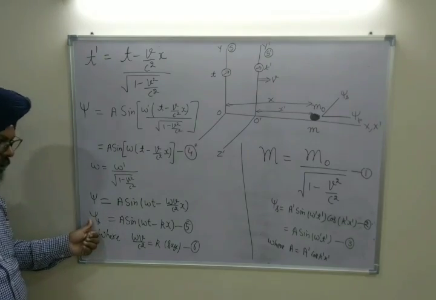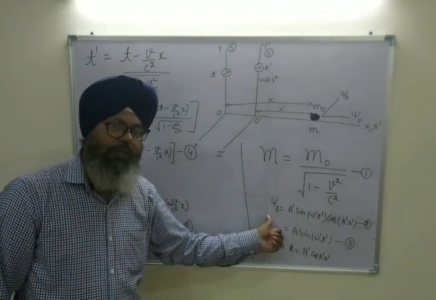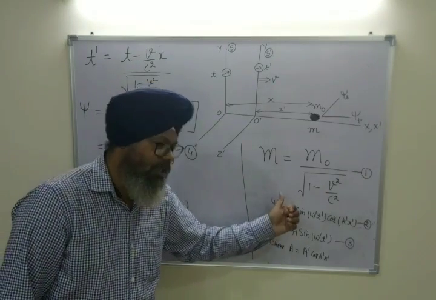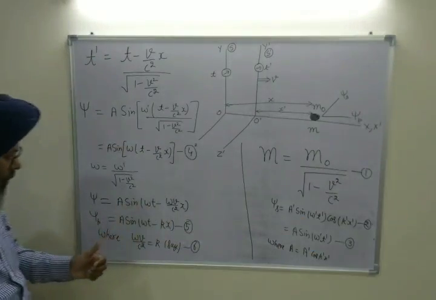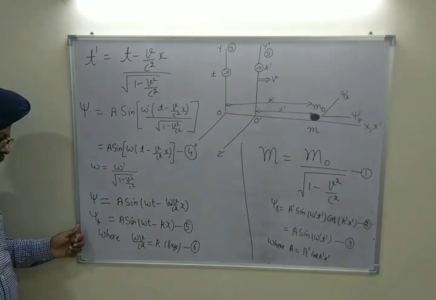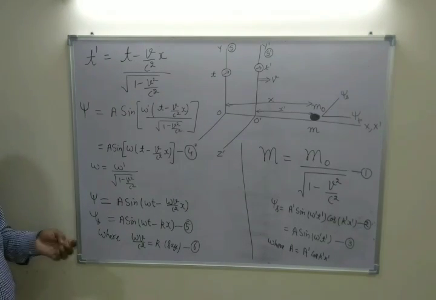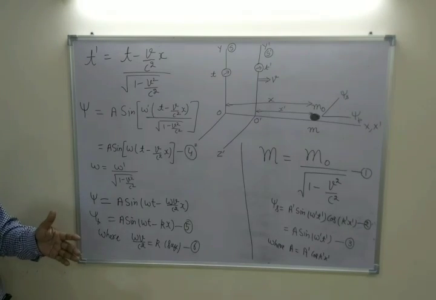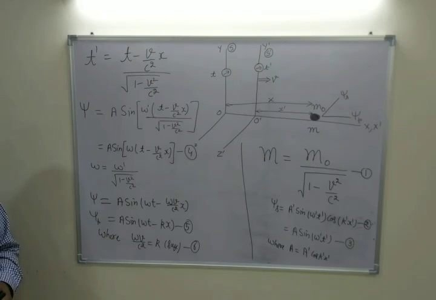Because this wave function is different from the earlier one in the manner that it represents a stationary wave in S dash, and the same wave function when transformed into S represents a progressive wave in the frame S. It has to be so. Why? Because the object is at rest in the frame S dash, and the same object appears to be in motion in the frame S. Therefore, the stationary wave function must transform into a progressive wave function when we do appropriate transformations.